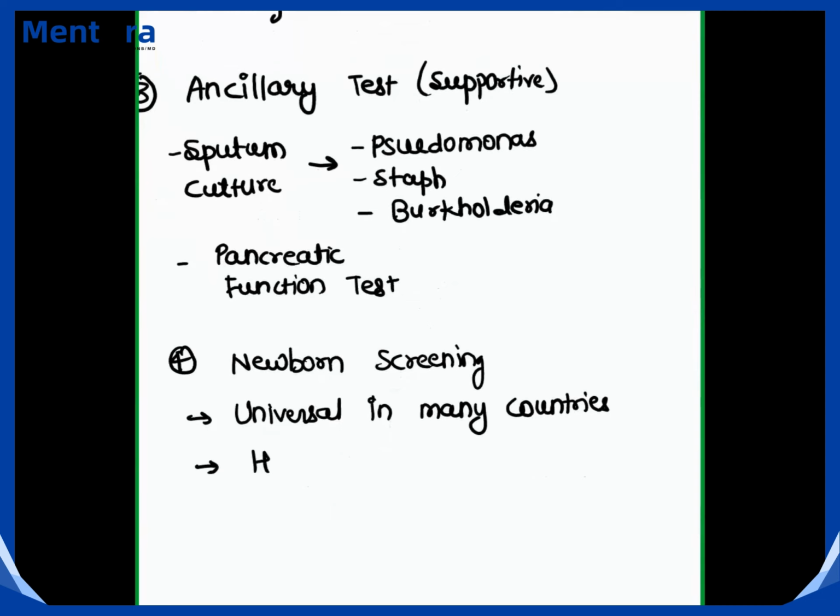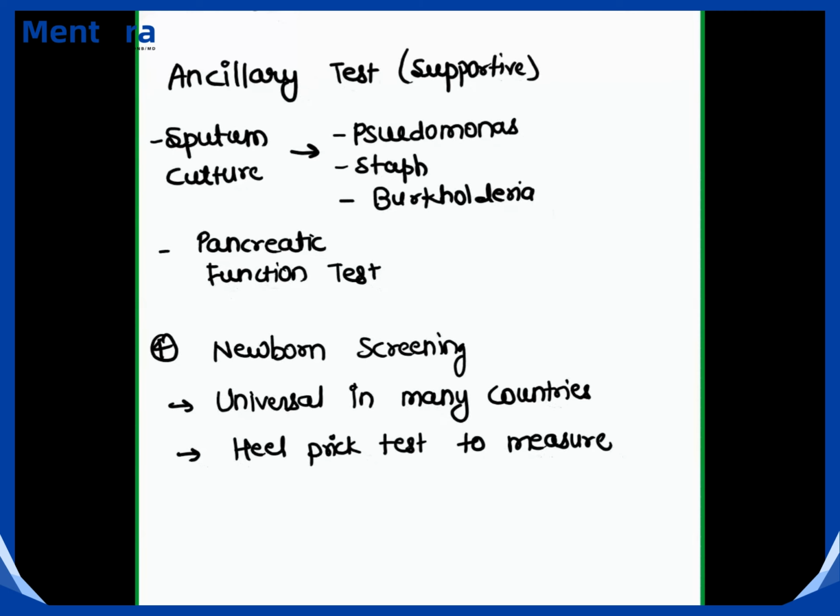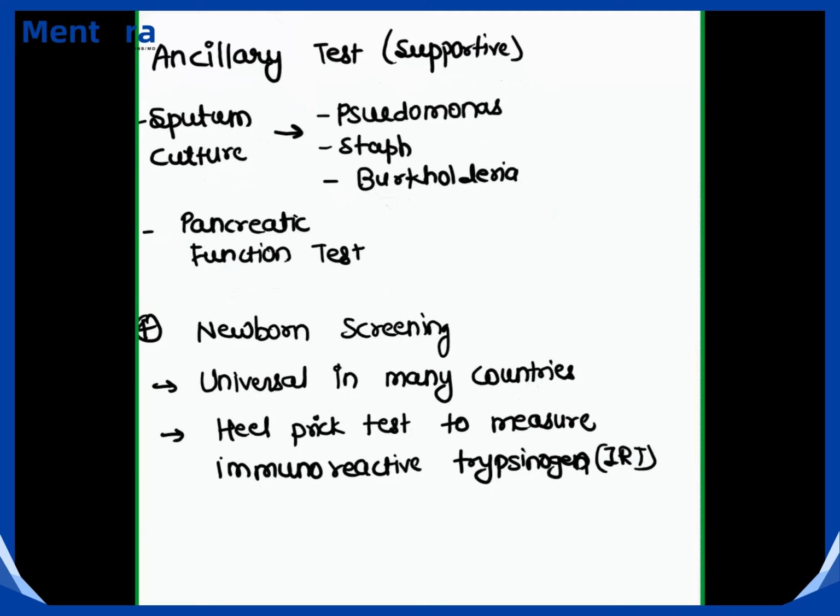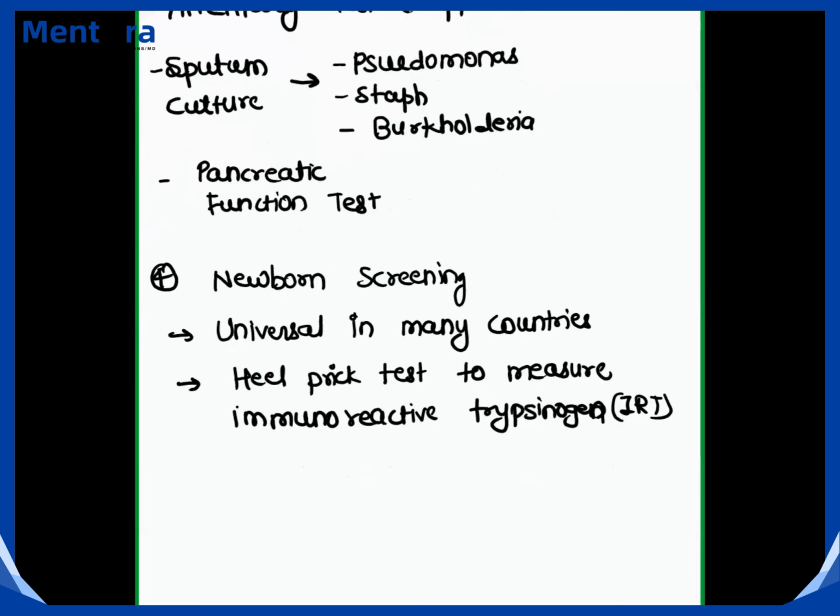It involves a heel prick test to measure immunoreactive trypsinogen in the blood. This immunoreactive trypsinogen is a pancreatic enzyme which is elevated in cystic fibrosis, and this newborn screening test detects that enzyme.